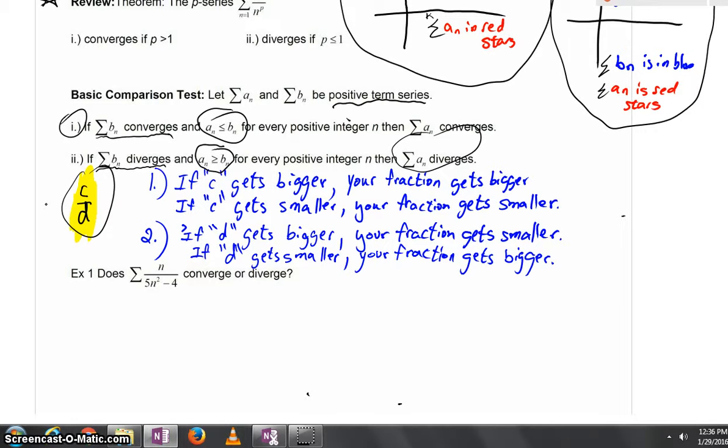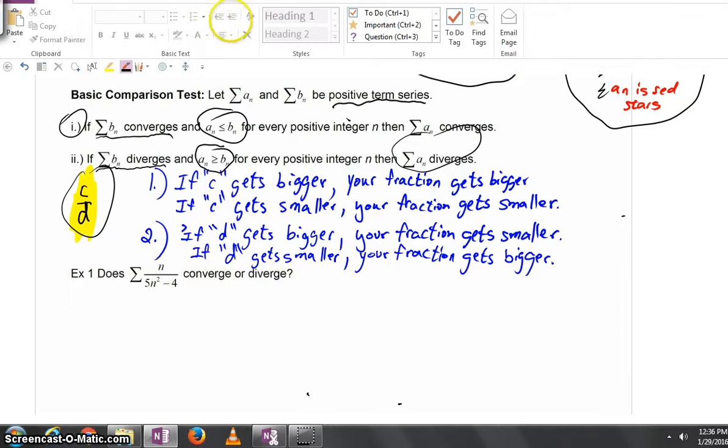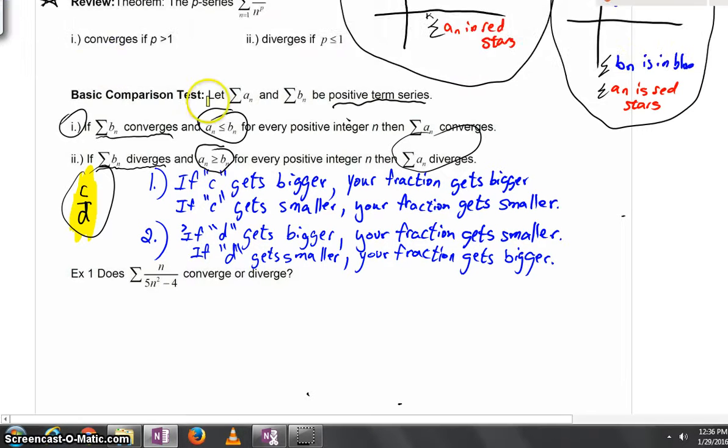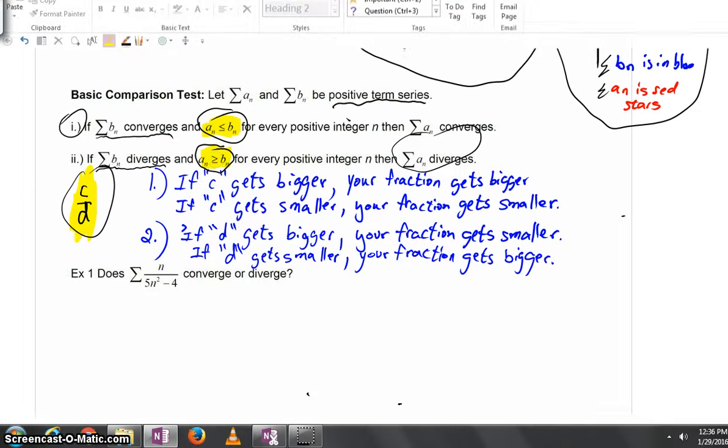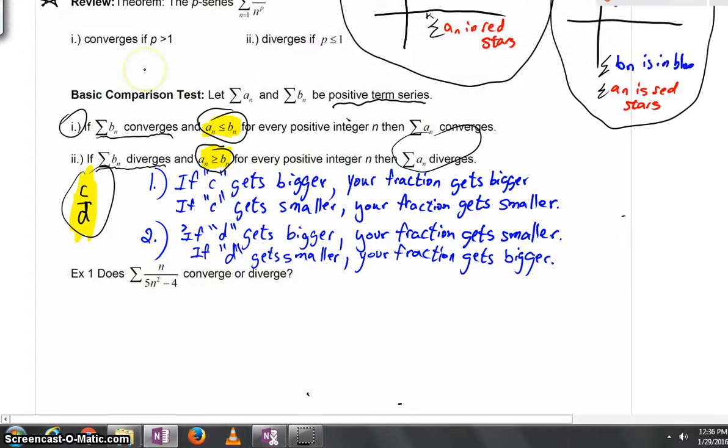If your numerator gets smaller, then your fraction gets smaller. Guess why we're stressing this so much? That's very important in the basic comparison test. We need to know which terms are bigger than the others.